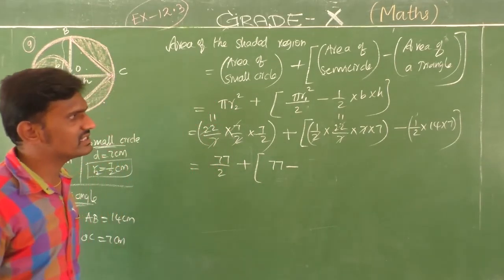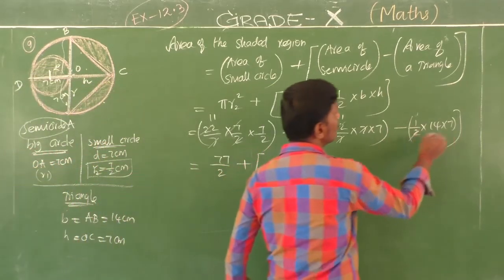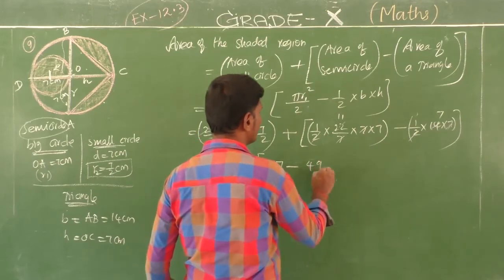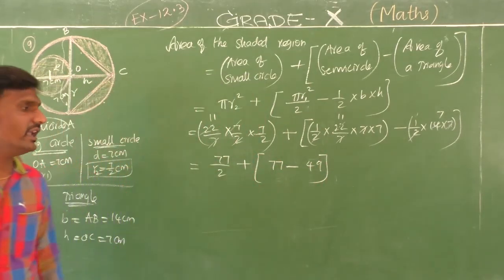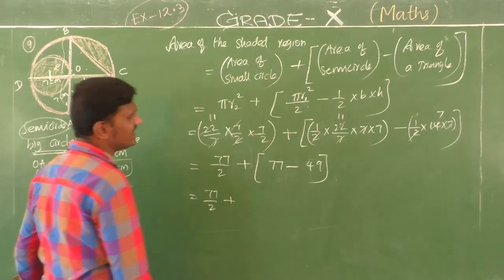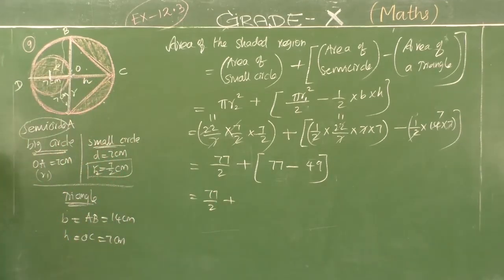Here 7 7s are 49. Now 77 by 2 plus 77 minus 49. Subtract and say what will come? 17 minus 9 is 8. Then 6 minus 4 is 2. So 28.